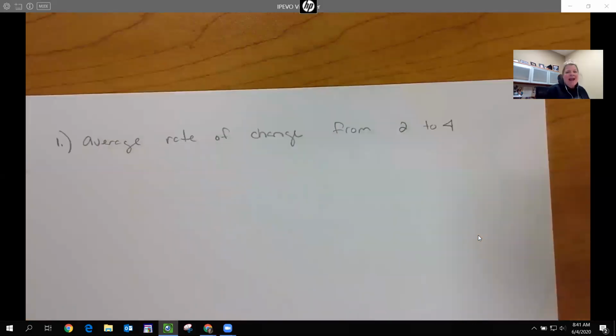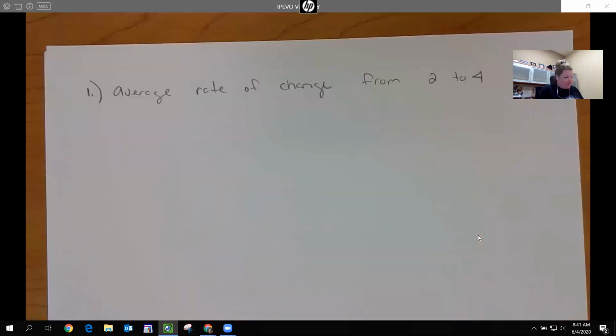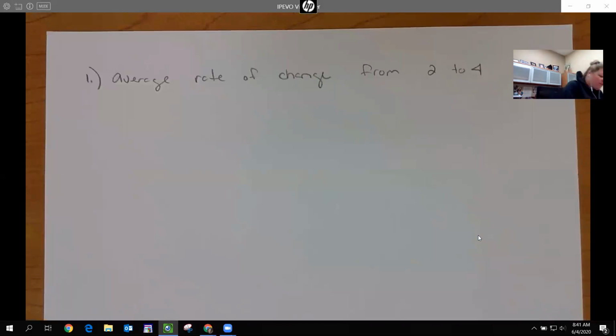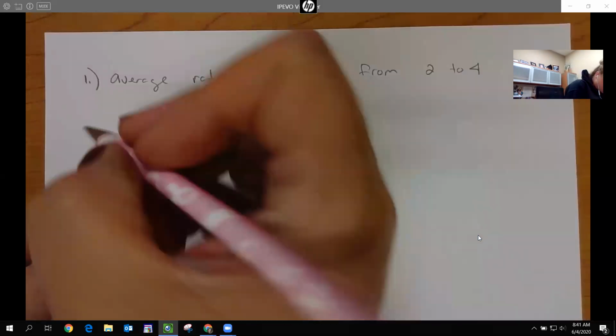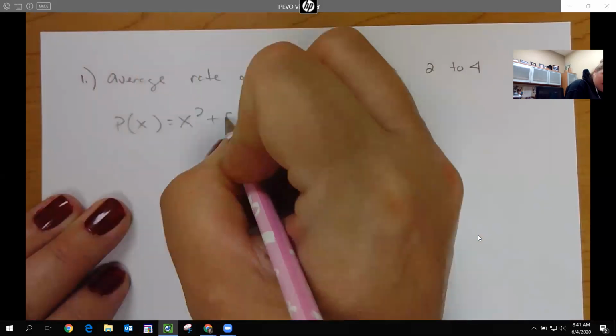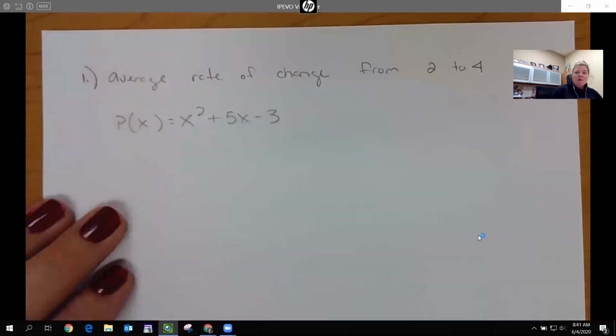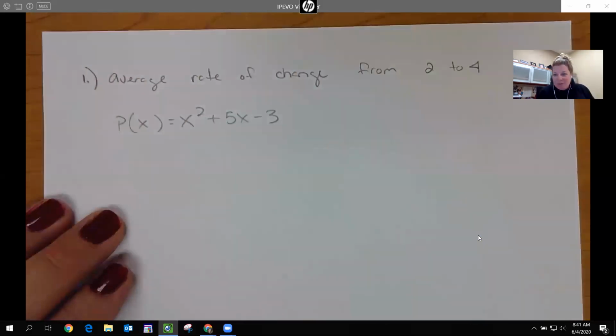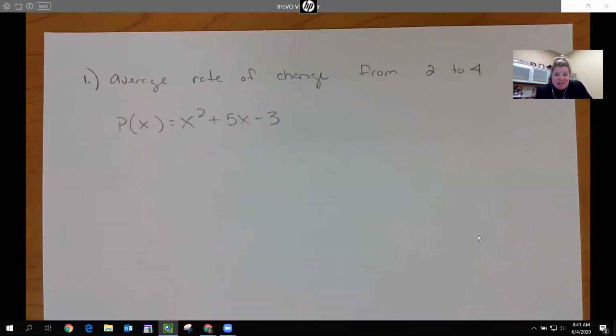What is our average rate of change from 2 to 4? And our function will be p of x equals x squared plus 5x minus 3. All right, so for this one, we can do our idea of change in x over change in y.